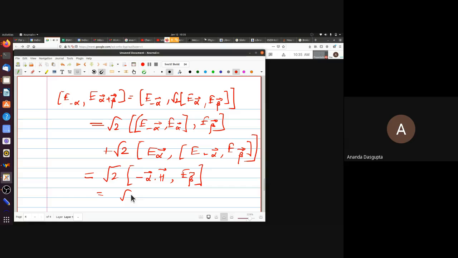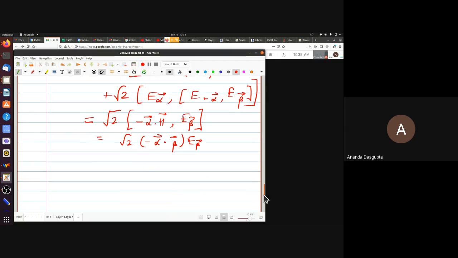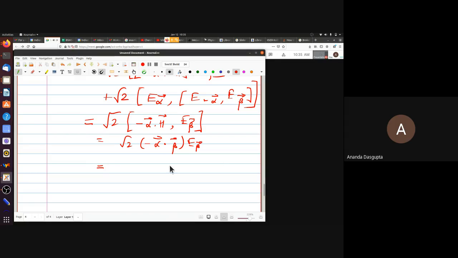This is going to be minus alpha dot beta E beta, right? And minus alpha dot beta is half, so you get 1 by root 2 E beta. So we have found out this commutator.